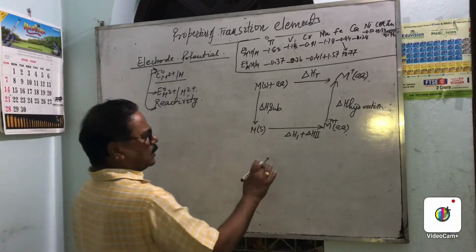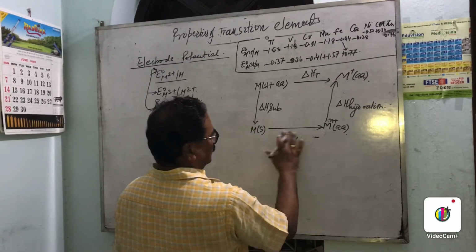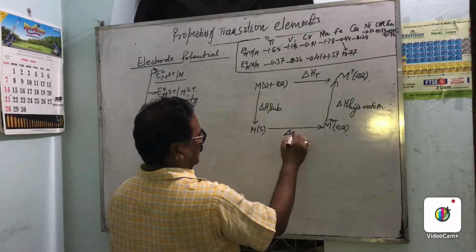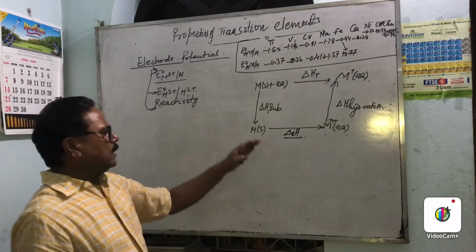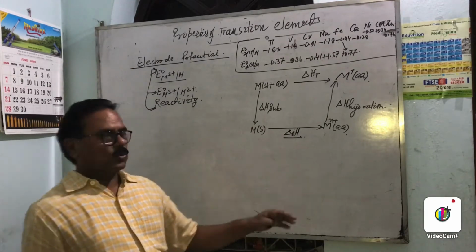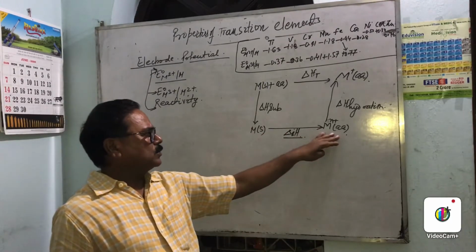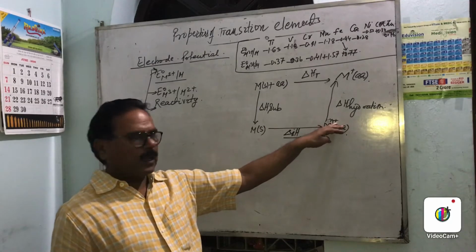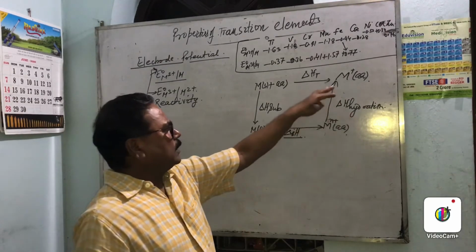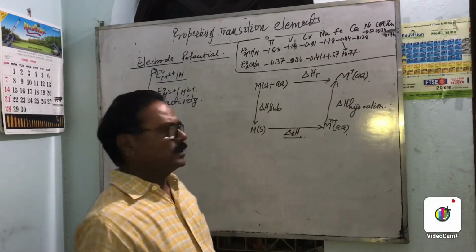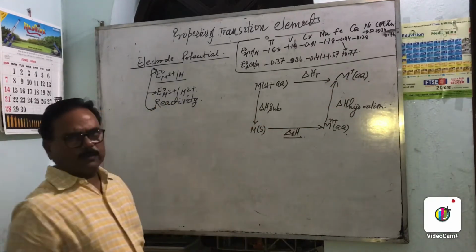This is ionization enthalpy, delta IH: the energy required to remove the electron and convert the atom into an ion, and this ion reacts with water and gets converted into its aqueous solution. So this is a Born-Haber cycle.